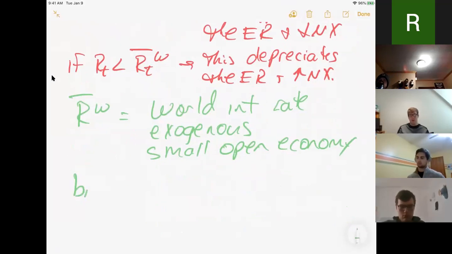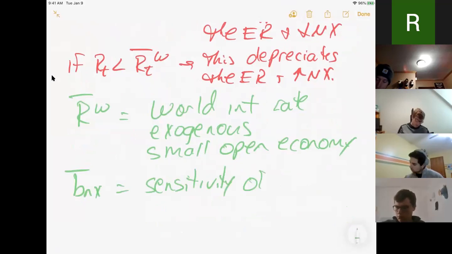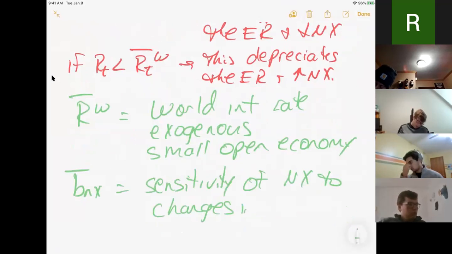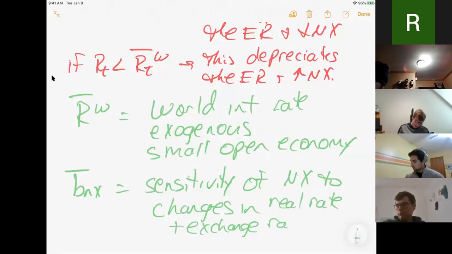There's also another important exogenous variable, V bar NX. And you can think about this as the sensitivity of net exports to changes in the real interest rate and the exchange rate. So how sensitive are net exports to changes in the exchange rate? Do net exports change a lot? Are they elastic?